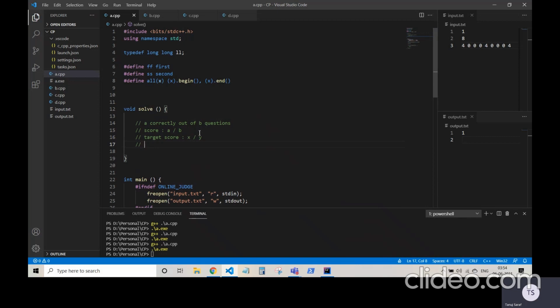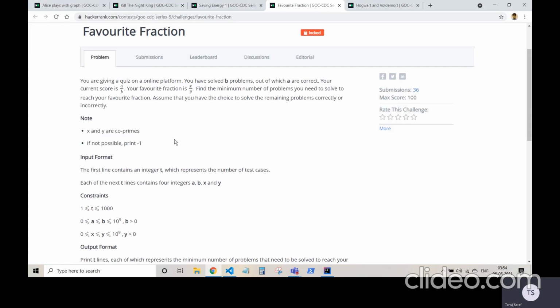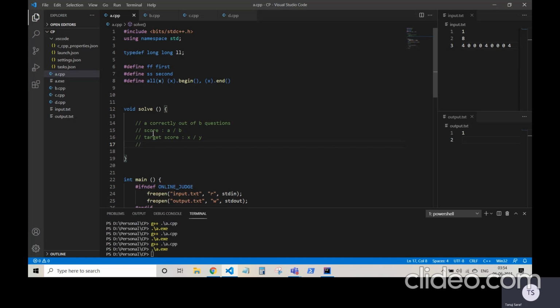A few things to note here: they have mentioned that x and y are co-primes. Now, what does this mean? When we say that x and y are co-primes, it means that the GCD of x and y is 1. The greatest common divisor is 1. This tells us that this fraction x by y is in its irreducible form. It cannot be reduced further.